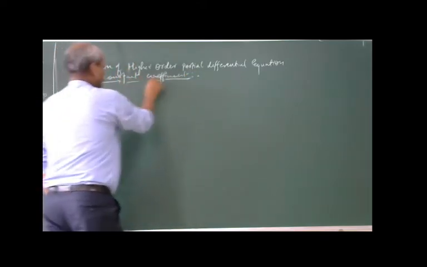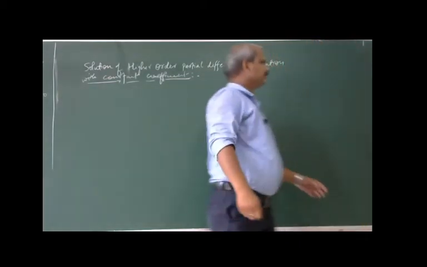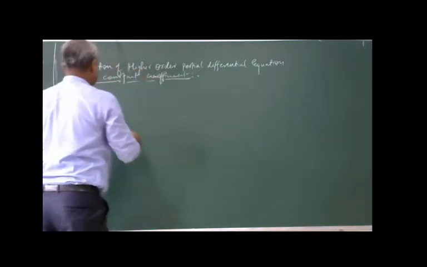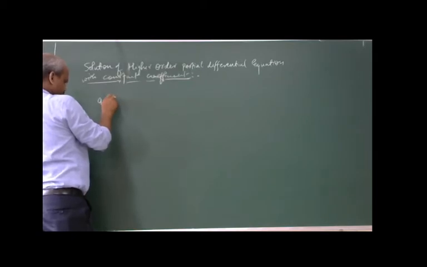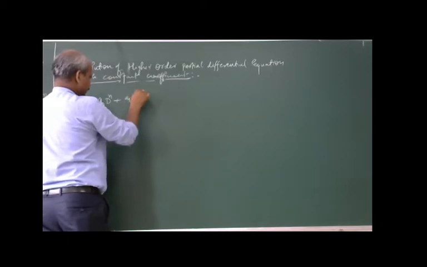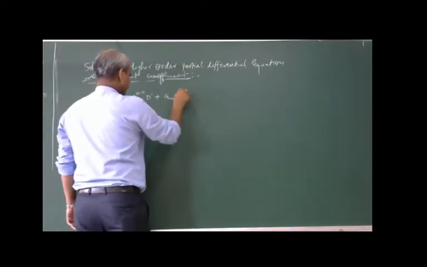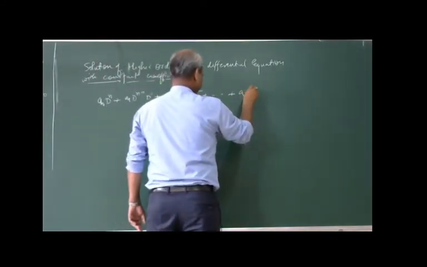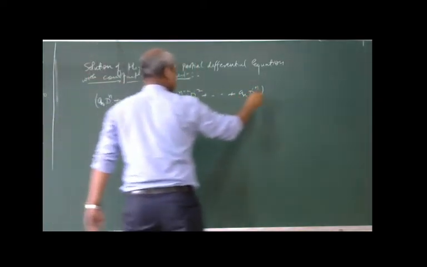Last one, you have learned that to find the homogeneous higher order partial differential equation is of this form: a0 Dⁿ plus a1 Dⁿ⁻¹ D' plus a2 Dⁿ⁻² D'² plus and so on plus an D'ⁿ z.